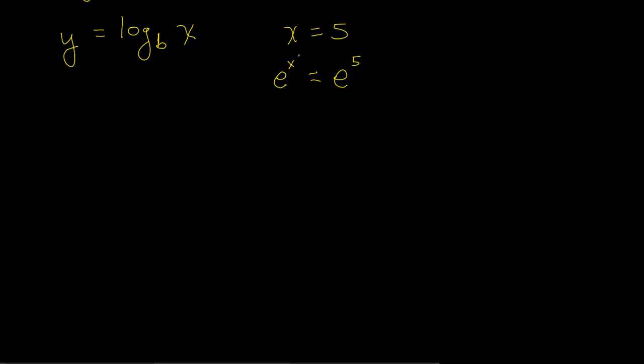Look at that for a second. x equals 5 is a statement. I'm making that. If that is true, if I take e to the power of whatever this is, that would be the same as e to the 5th. Substitution tells me wherever I see x, I can put in 5. It also tells me wherever I see 5, I can put in x. And so this equality holds true.